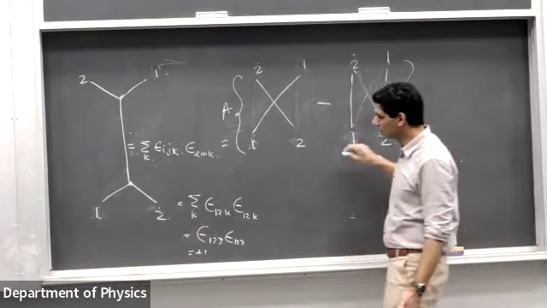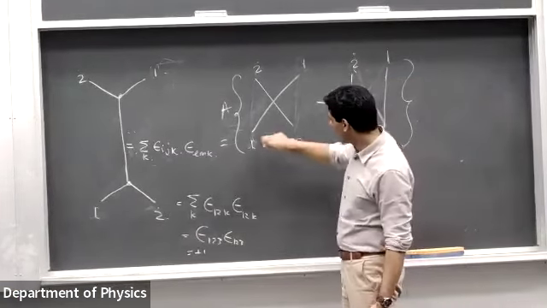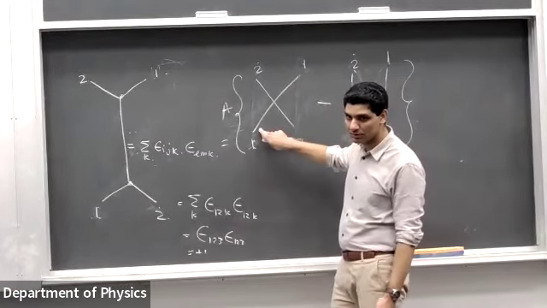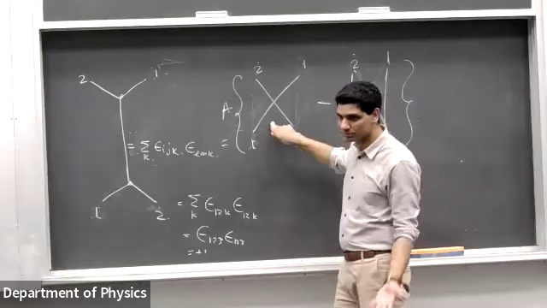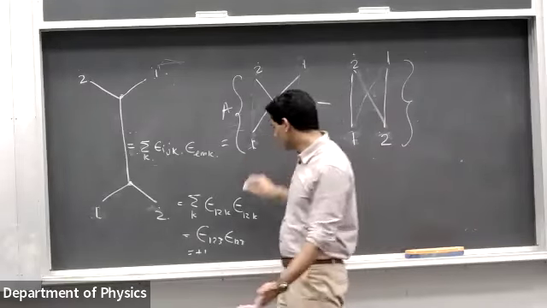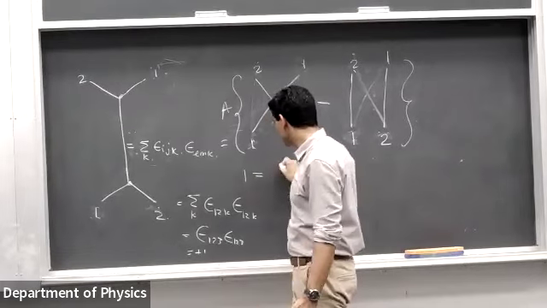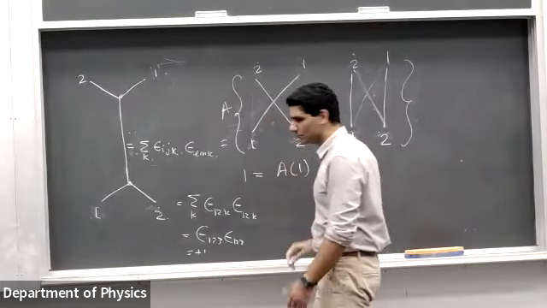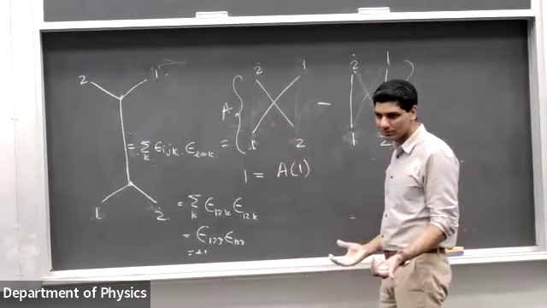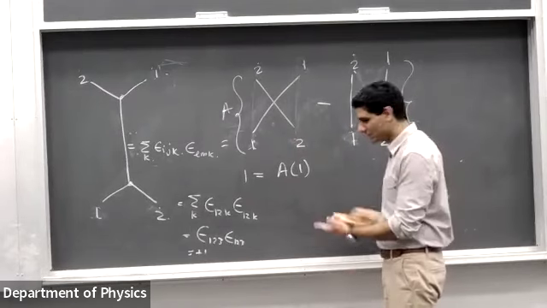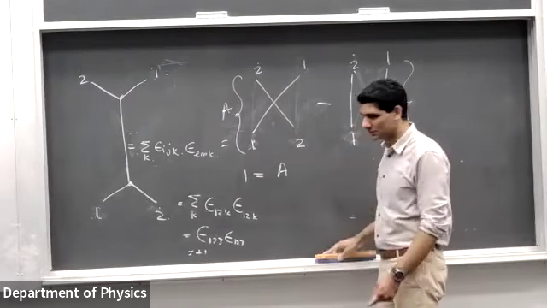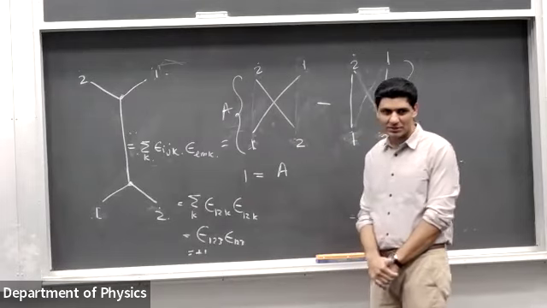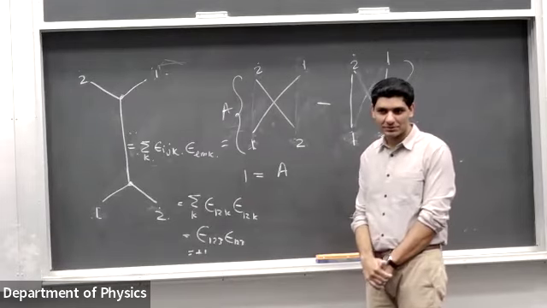What about this one? Delta 1 1, delta 2 2. So on the left-hand side, I have 1 equals A times 1. So A is just 1.